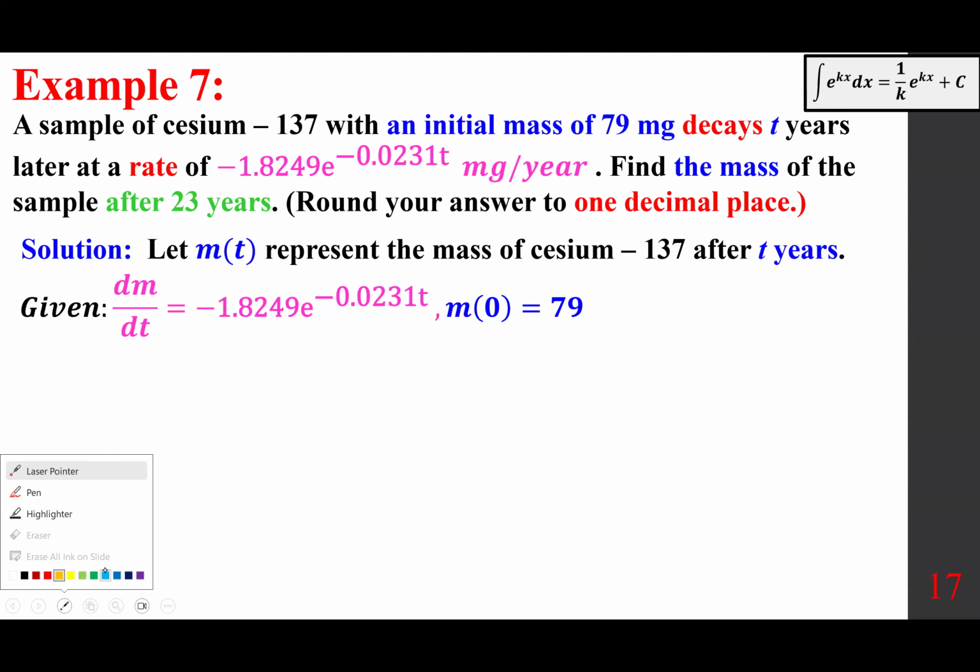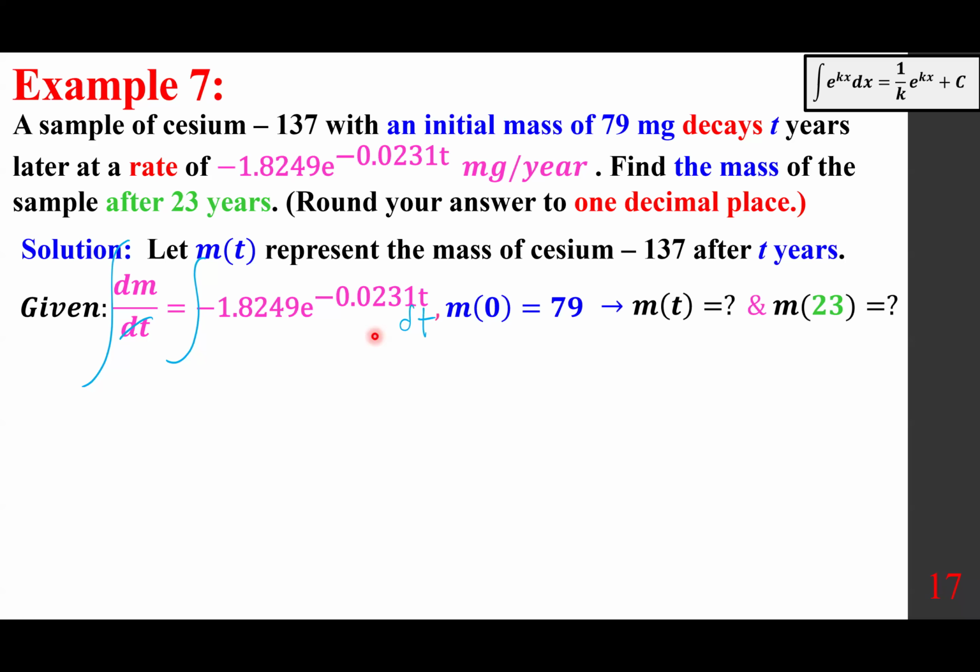First and foremost, we are going to put the dt on this side, integrate both. This becomes m of t, the left side. By the way, we are going to go through the process and find m of t, and then we plug in 23. In other words, first m of t, and then m of 23.